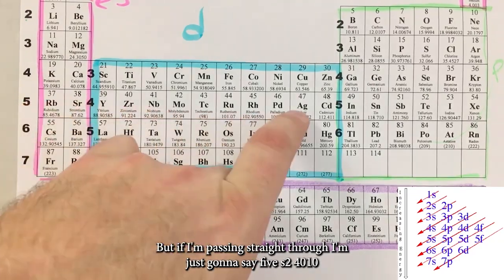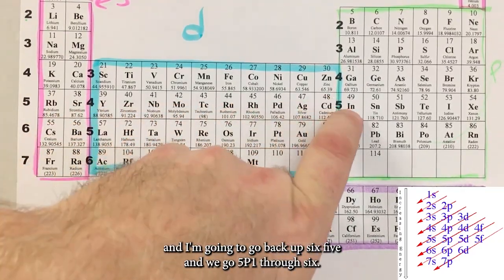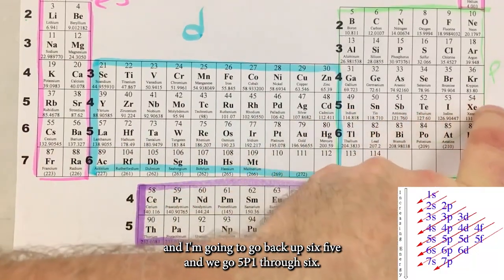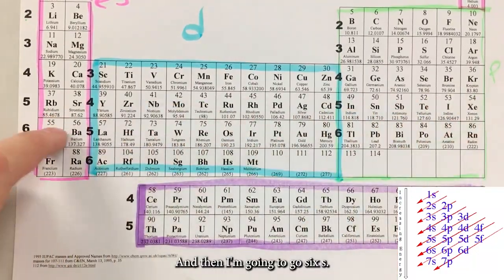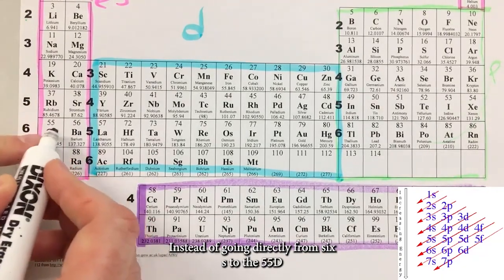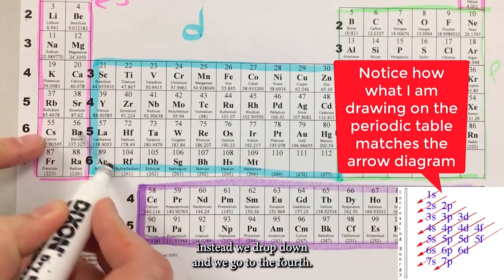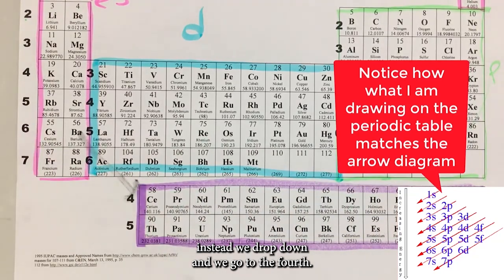But if I'm passing straight through, I'm just going to say 5s2, 4d10, and then I'm going to go back up. See where it says 5? I'm going to go 5p, 1 through 6, and then I'm going to go 6s. Now here's where it gets kind of kooky. Instead of going directly from 6s to the 5d, we drop down and we go to the 4f.